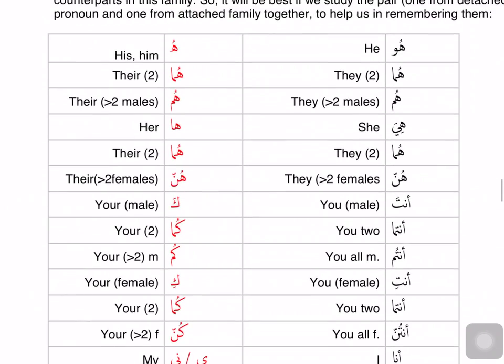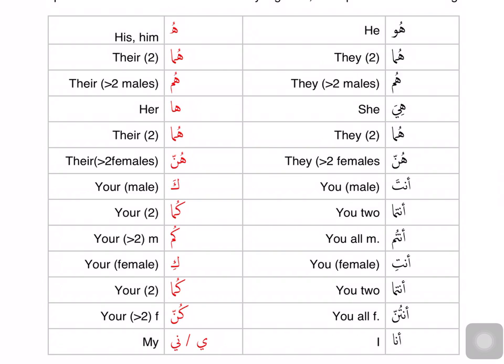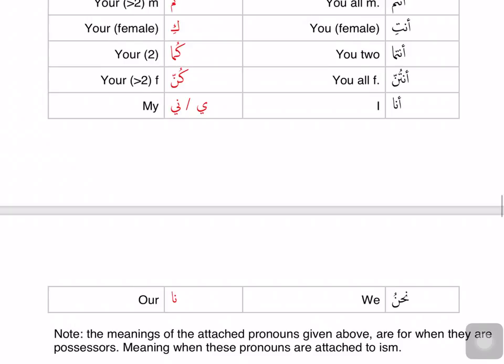Huwa, he; huma, they two; hum, they, more than two; hiya, she; huma, they, two of them; hunna, they, more than two, females; anta, you, when you're talking to a boy; antuma, you two; antum, you all; anti, you, talking to a girl; antuma, you two, both of you; antunna, all of you females; ana, I; nahnu, we.